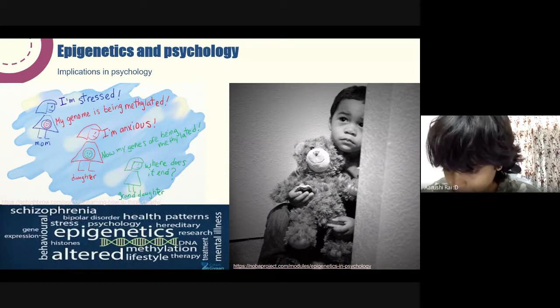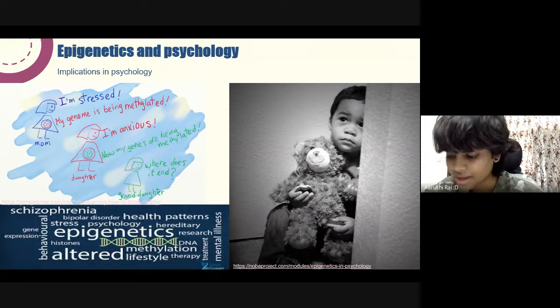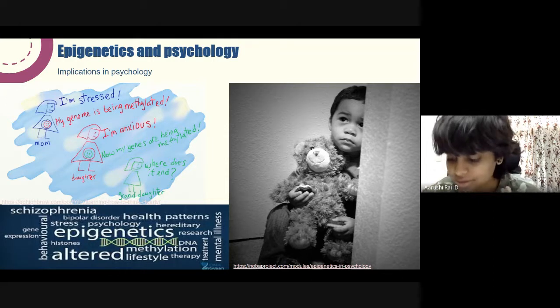But how can something happening in one's environment affect their behaviors, their mental health? I mean, if you look at it in a way, everyone has the same set of genetic material. So how is it that people are so different? Well, isn't this what epigenetics is all about?